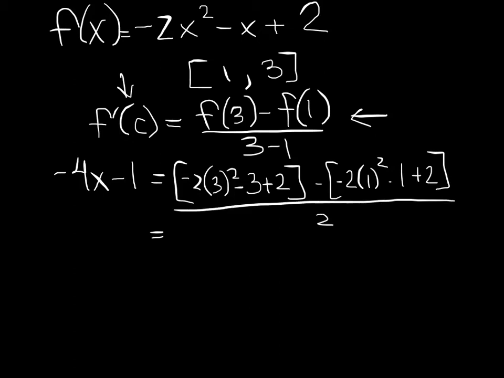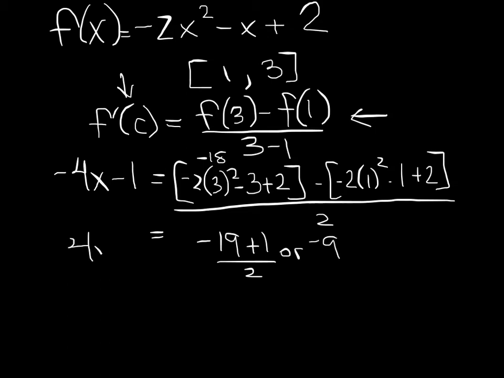Okay, so now we should be able to simplify. 9 times negative 2 is negative 18, minus 3 is negative 21, plus 2 is negative 19, minus negative 2 minus 1 is negative 3, plus 2 is negative 1, subtract a negative 1, plus 1, all over 2. So basically it's negative 18 over 2, so it's negative 9.